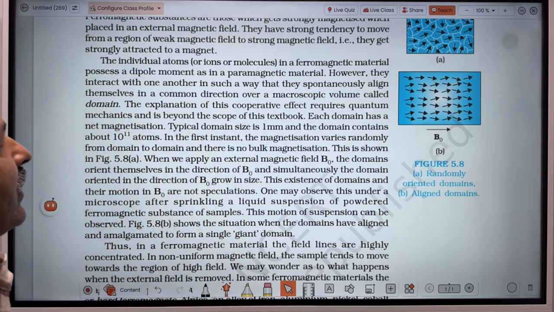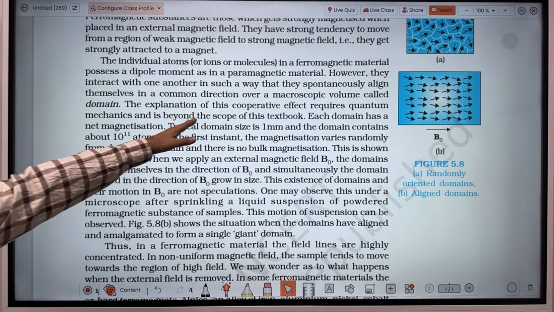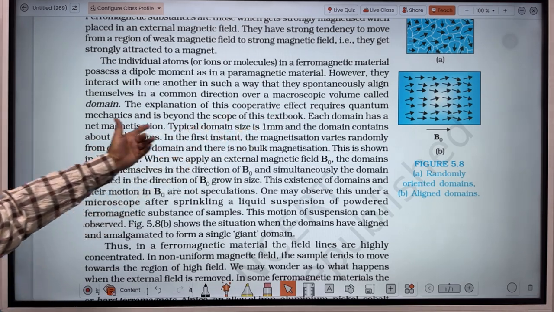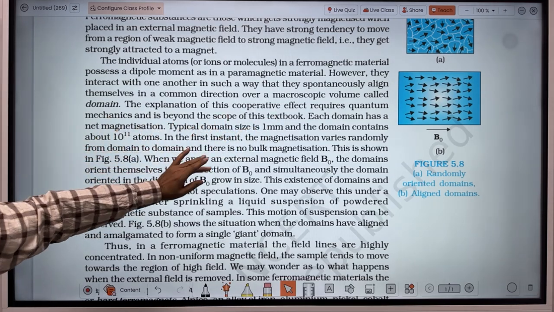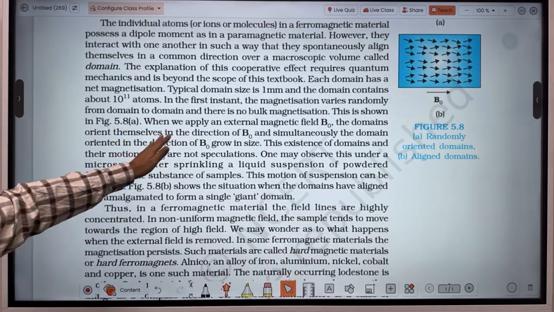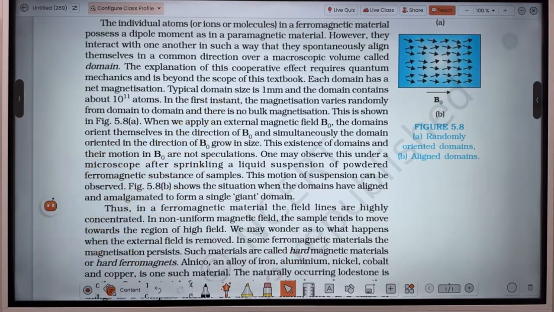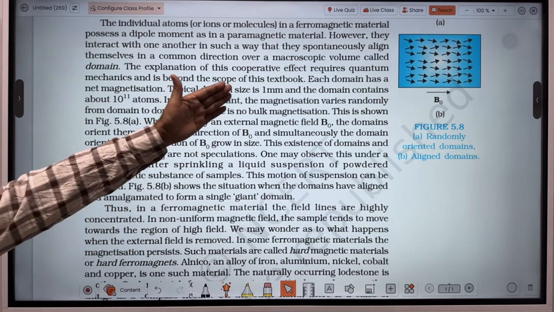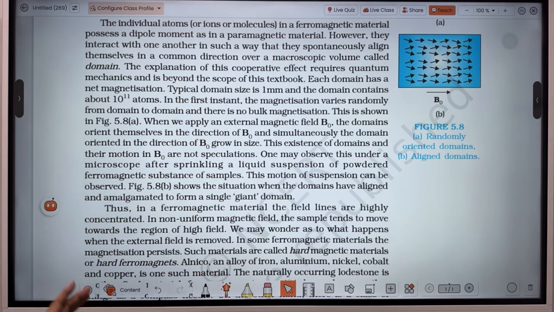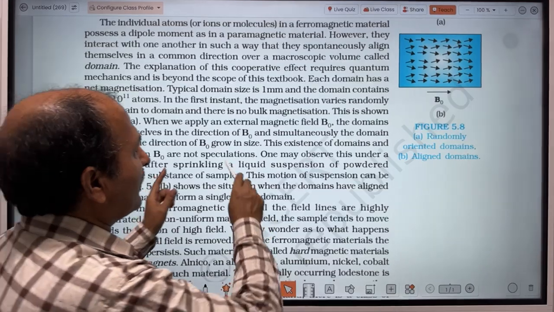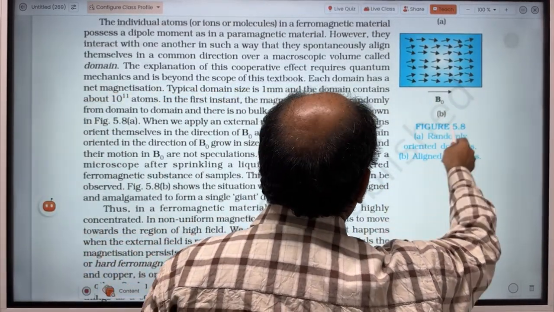So small domains are there in which these are all aligned, right? The explanation of this cooperative effect requires quantum mechanics and is beyond the scope of this, so we are not going to discuss that. When they are placed in an external magnetic field, all domains are aligned, and hence they will behave like a giant magnet, or like a complete magnet.